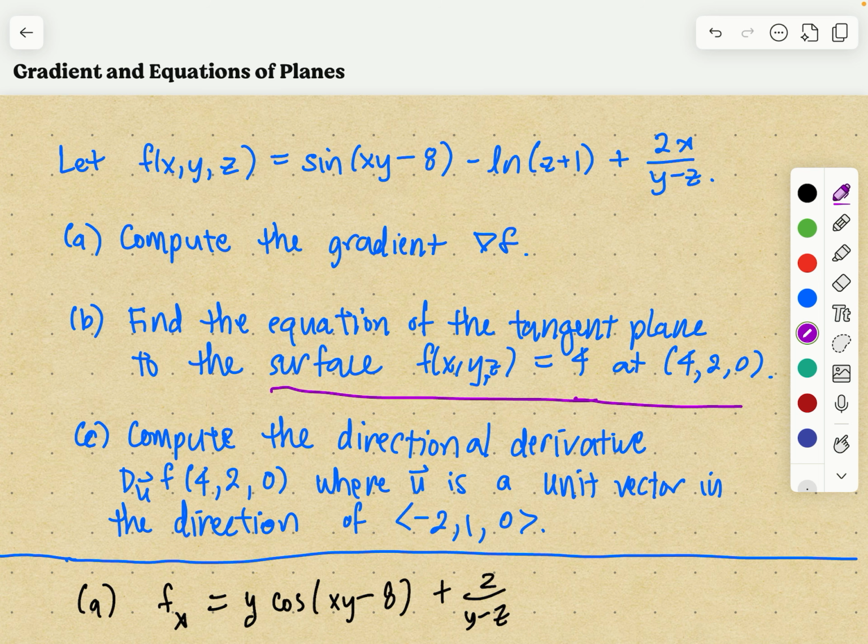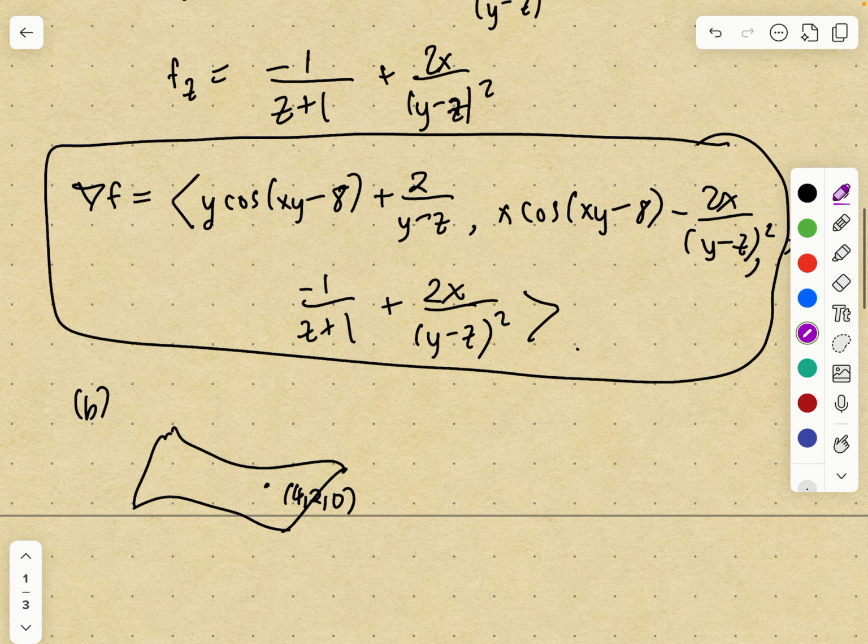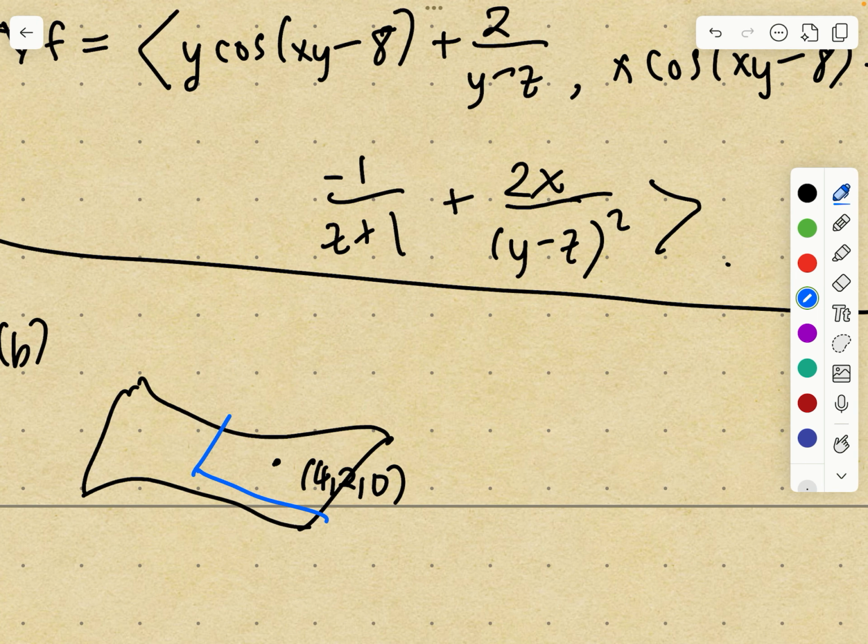Okay, so what's going on in terms of the picture is, what tangent plane are they talking about? It's this tangent plane. So here's your surface, and you have this tangent plane, right? It's the plane that most closely matches the surface. It's the plane that's tangent to the surface.